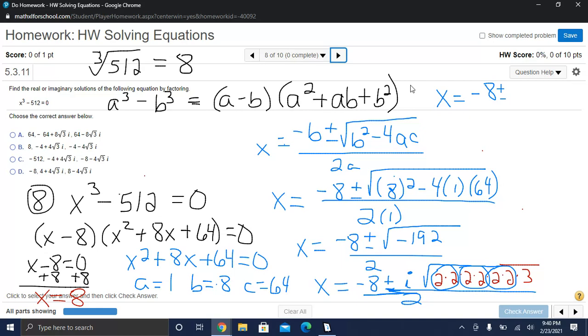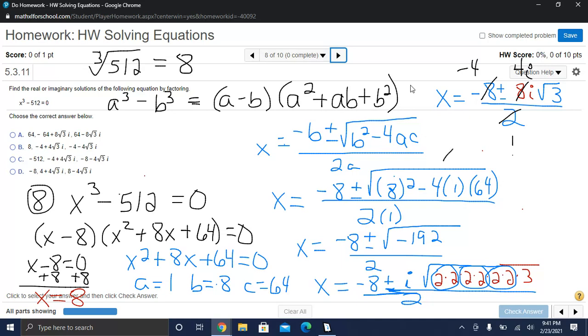When I take these 2s out, 2 times 2 times 2 will give me 8, and then an i, and then I'll still have inside the square root a 3. And then my denominator is a 2, and I can cancel this 2 with this 8, making negative 4, and with this 8i, making 4i.